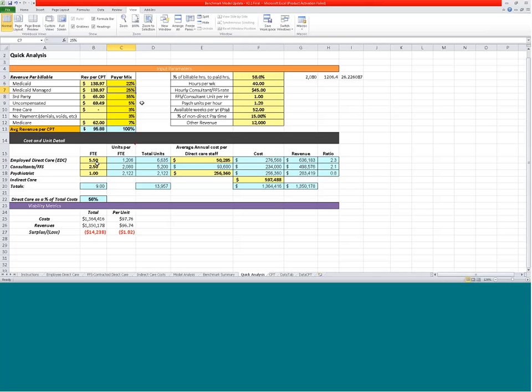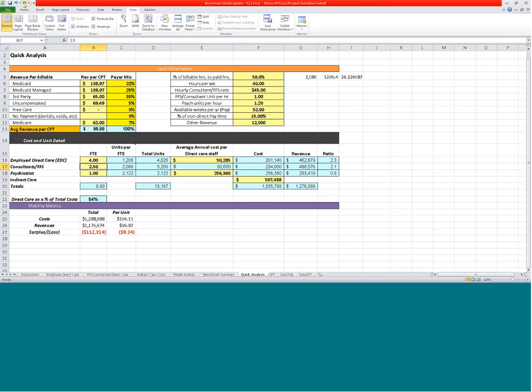It may be that what you'd want to do is increase the fee-for-service instead of increasing the direct care staff. So maybe what I'd want to do is have less salaried staff, but bring up the number of fee-for-service and see what that did. Did it help us out?